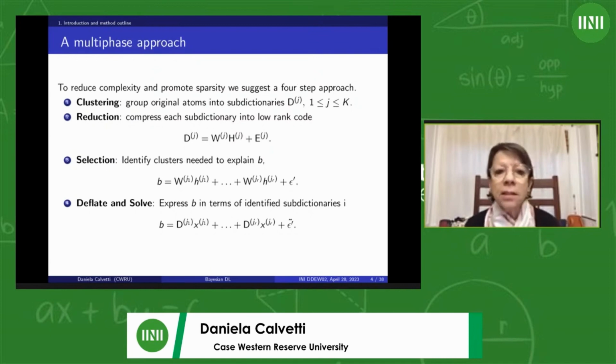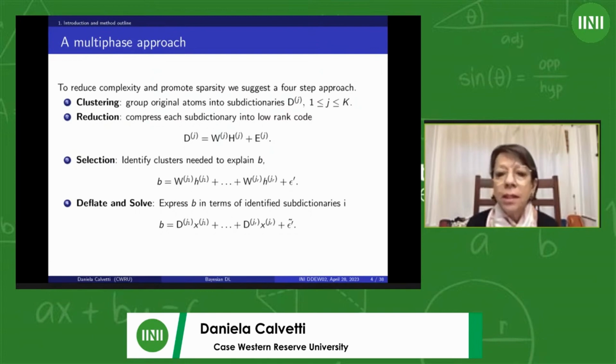However, if one runs a clustering algorithm blindly, it turns out that there are some characteristics of groups of the atoms that make the clustering very natural. So we do a pre-processing of clustering the dictionary, and we subdivide it into subdictionaries.